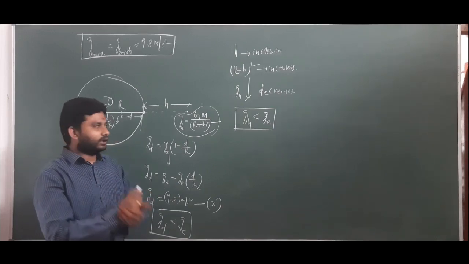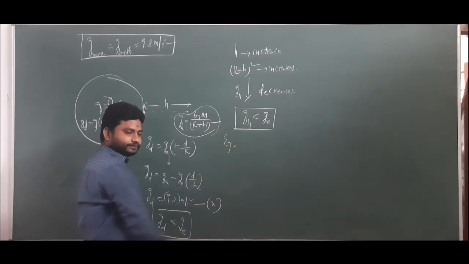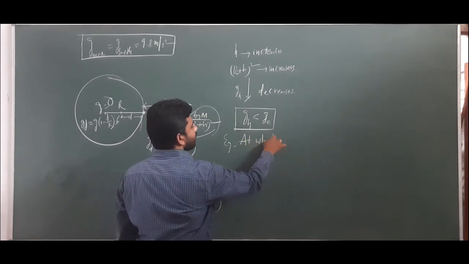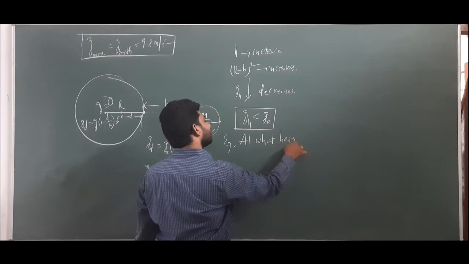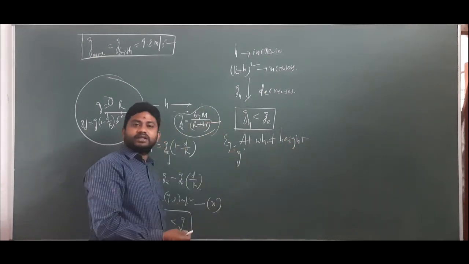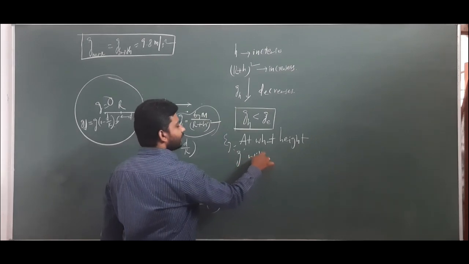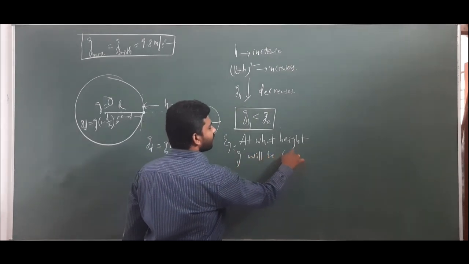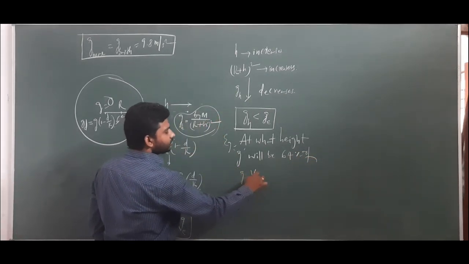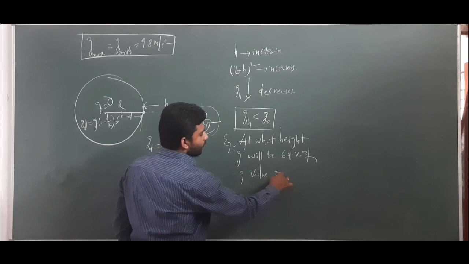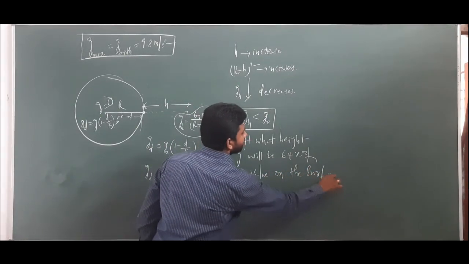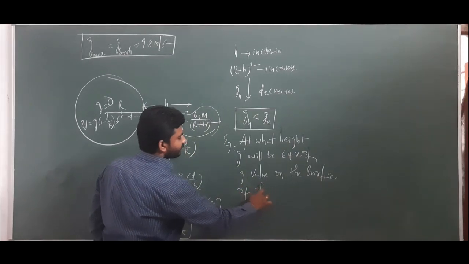Listen to me carefully. So the question is, at what height will the acceleration due to gravity be 64% of the g value on the surface of the earth?